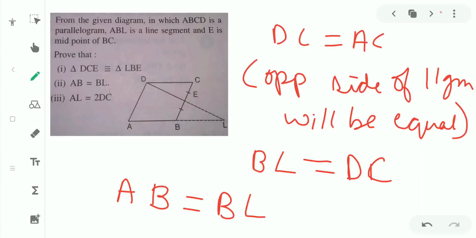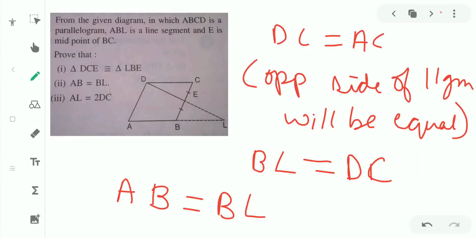AL is nothing but the length of AB plus BL. Am I right? AL is equal to AB plus BL. So every part of the diagram we need to observe carefully in the chapter triangles, because that matters a lot here.